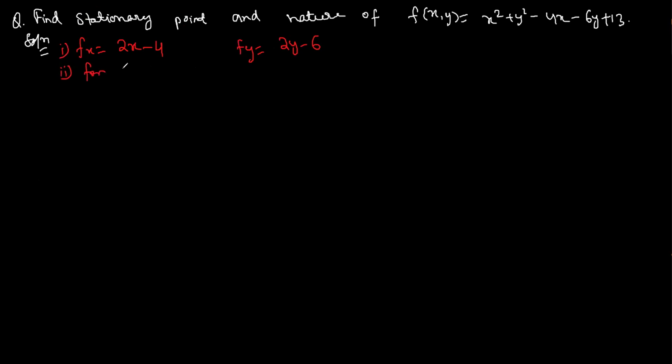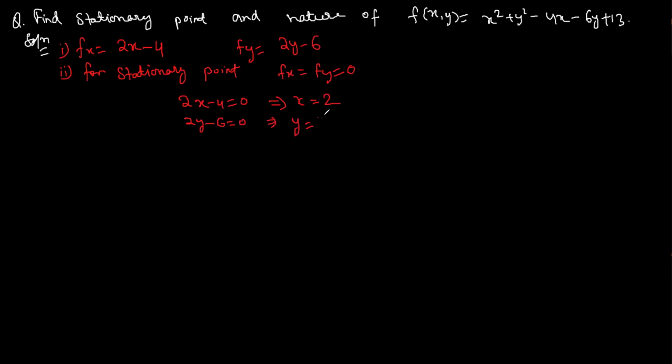Second step is for stationary points, which are also known as critical points. Put all the first order derivatives equal to 0. 2x minus 4 is 0, which gives x is equal to 2. 2y minus 6 is equal to 0, which gives y is equal to 3.